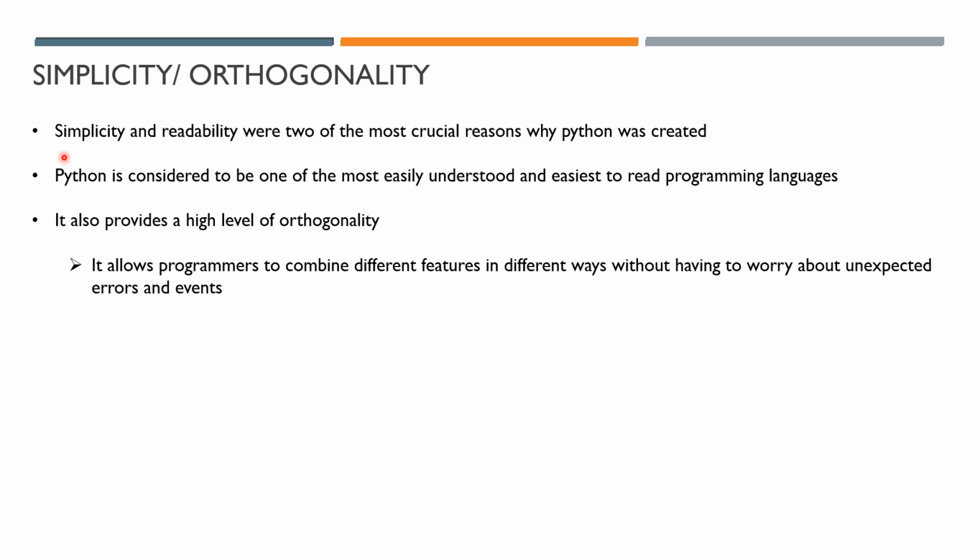orthogonality. The simplicity is telling us how easy Python is to read and how less complex it is, because Python was originally made to be easy. You can easily just look at it and understand it. And the orthogonality here tells us how Python is able to combine different features without having errors.